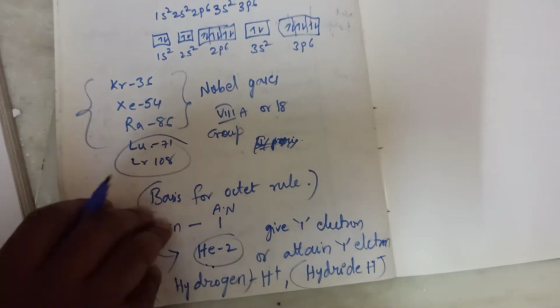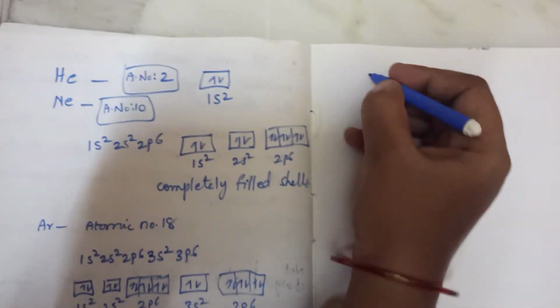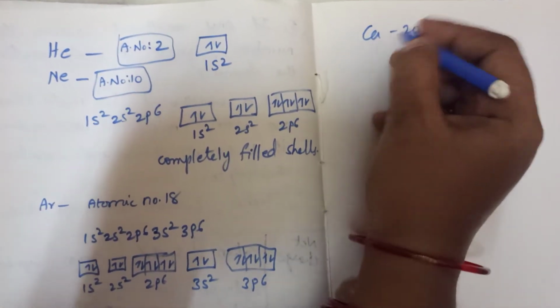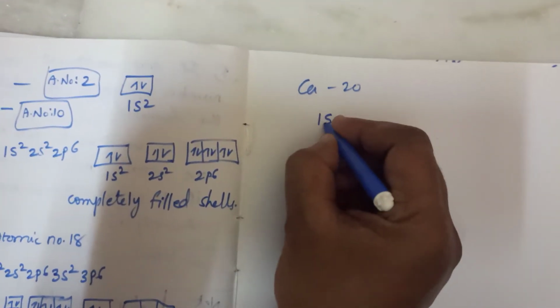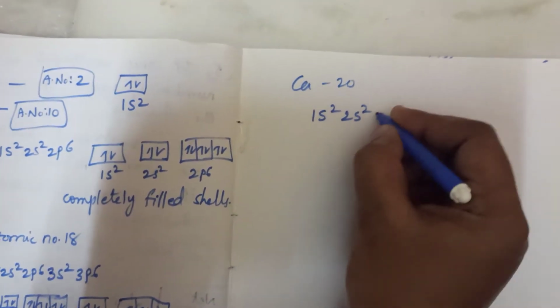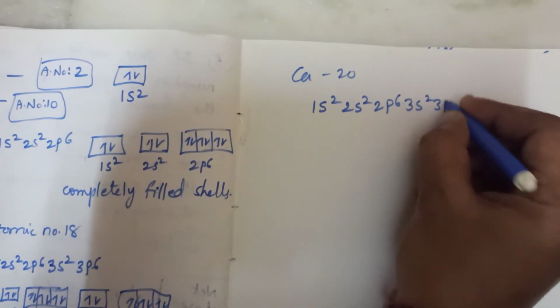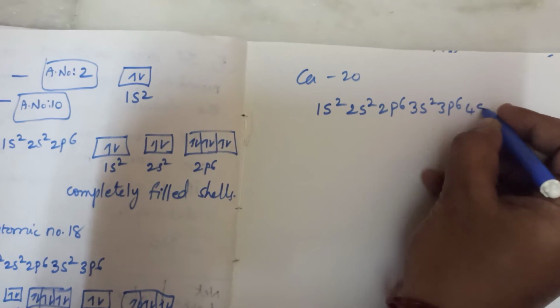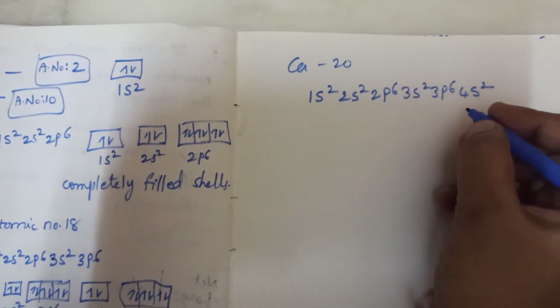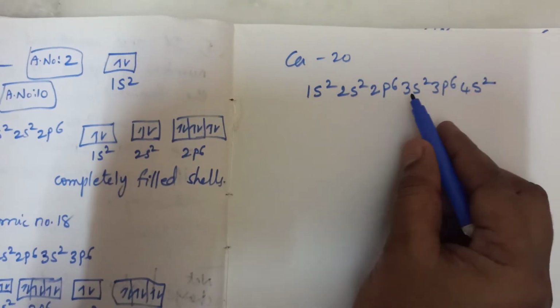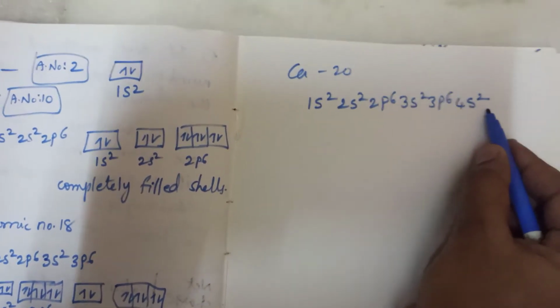Coming to another element, for example, I am taking calcium. Calcium is 20, we know. The electronic configuration of calcium is 1s2, 2s2, 2p6, 3s2, 3p6 and 4s2.